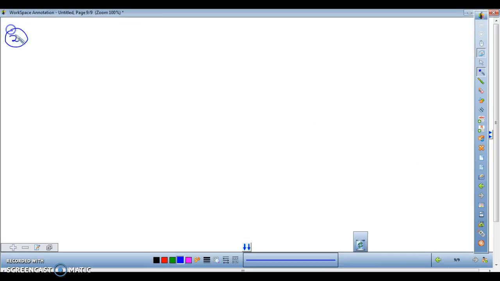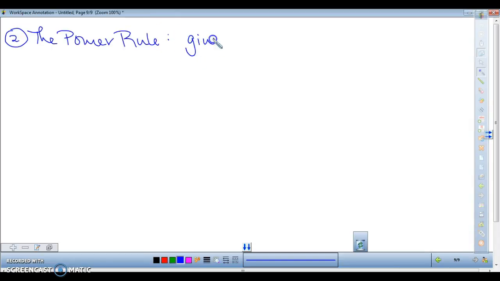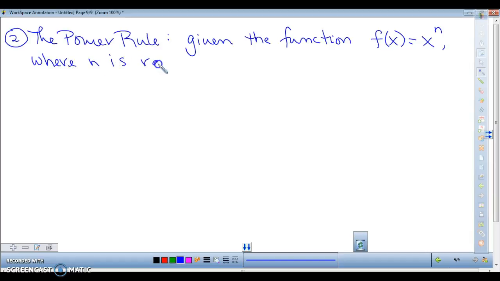Okay, the next one is what we call the power rule. That just says that if you are given the function f of x is equal to x to some power of n, where n is a rational number, then the derivative of x to the n with respect to x is going to be whatever the power n is.